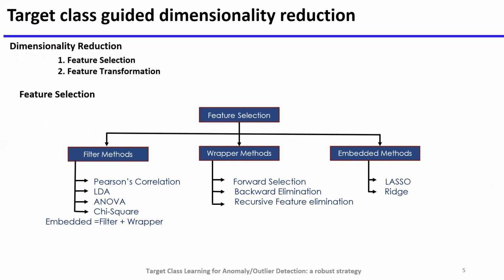Coming to the conventional feature selection and feature transformation techniques, those are basically dimensionality reduction techniques to overcome the phenomenon of the curse of dimensionality. Once we go for feature selection, we have three options. The first one is the filter method, the second is the wrapper method, and the third one is the embedded method.